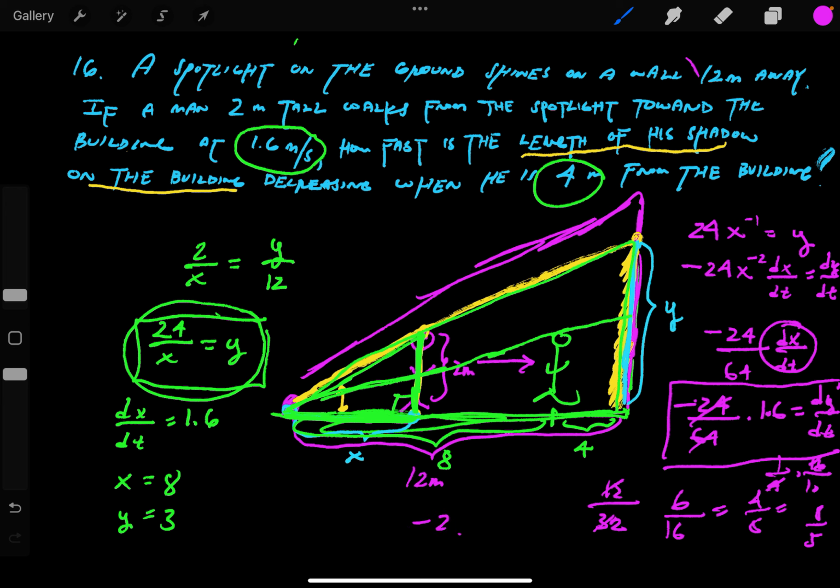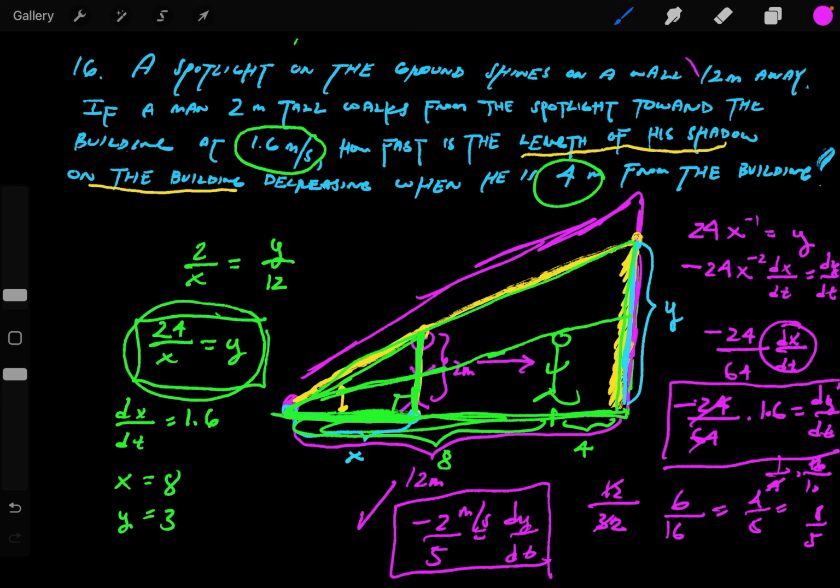Maybe I did that arithmetic wrong, but it would just be the arithmetic. Let's just make sure. 16 over 10 is 8 over 5, and then the 4 cancels with the 2, so it's 2/5. Negative 2/5 is dy/dt. So negative 2/5 meters per second is how fast his shadow is shrinking as he moves along at this rate.